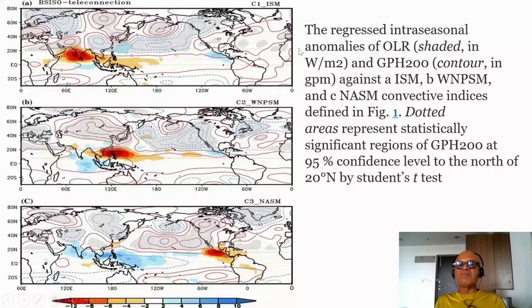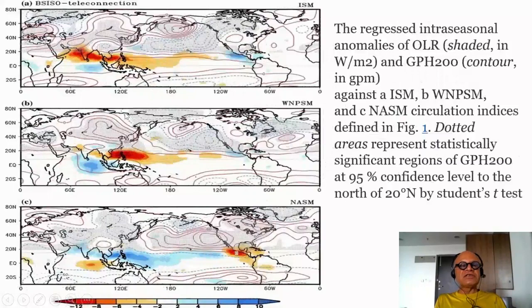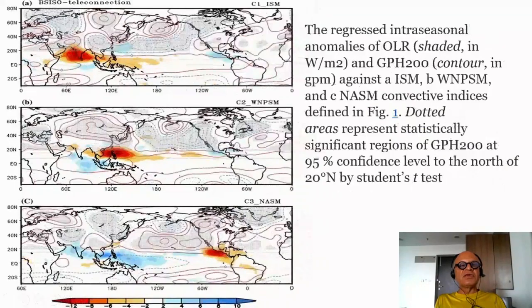So this is from the same paper showing the regressed intraseasonal anomalies of OLR and geopotential height at 200 hectopascal against ISM, WNPSM, and NASM convective indices. So this is the circulation indices, and this is with the convective indices. So again, significant large-scale mid-latitude responses in both hemispheres.